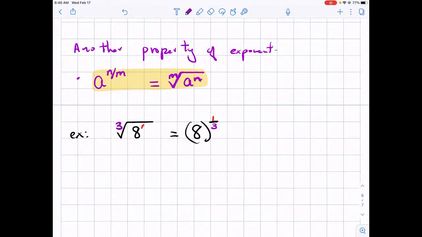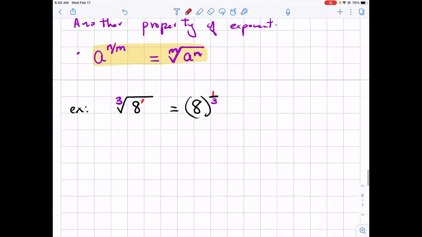If you look at this example, the cube root of 8, it is understood that for 8 we have a 1 power there, which we generally don't write. So this becomes 8 to the 1/3 power. So generally, roots can be written as a rational exponent.